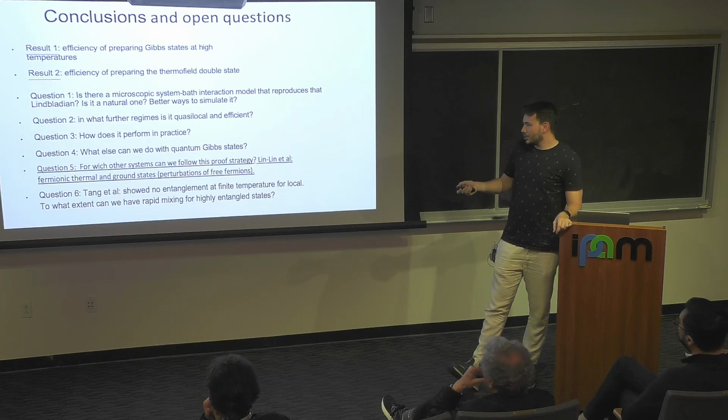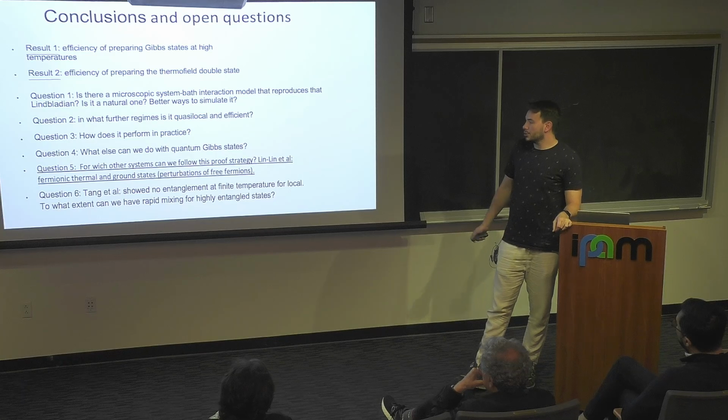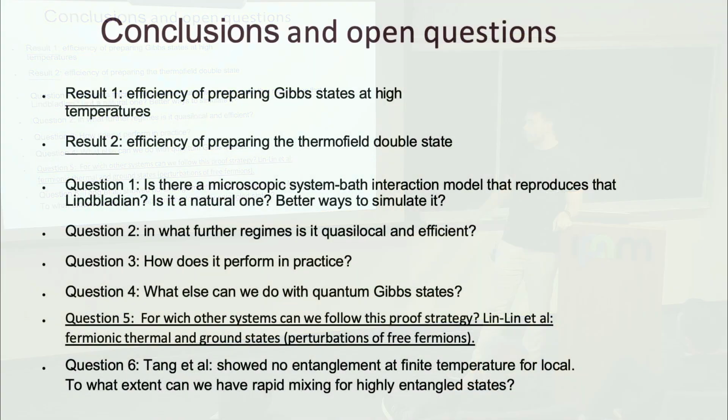And now, I should update this slide as well, because as I mentioned before, there are results by the group of Linden and also Preskill showing rapid mixing also for some fermionic states, not only at high temperature. So there's been some progress on this. That paper also made some progress on my question number 3, which is how well does it perform in practice?